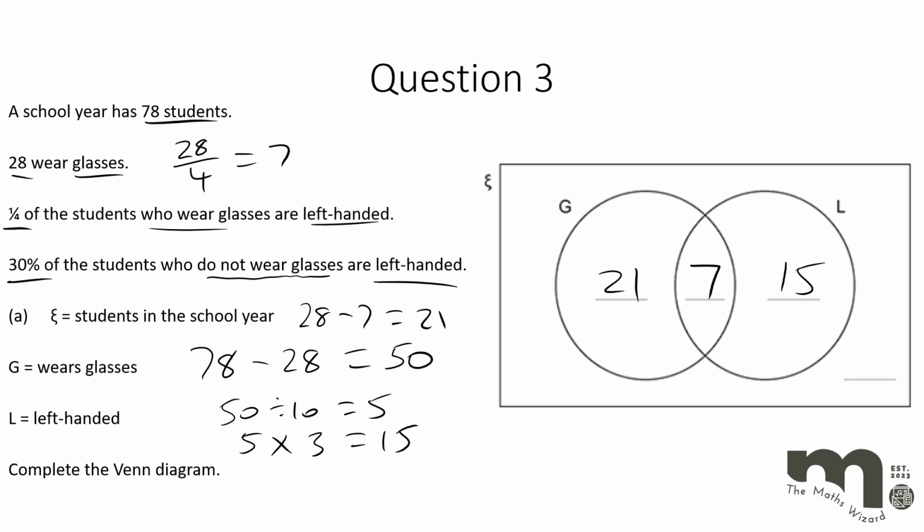Now we need to work out what's left. So we've got 21, add 15, add 7. So those are the people that are already in the diagram.